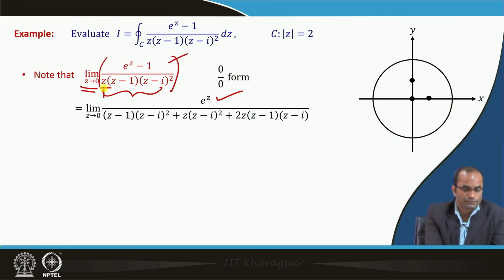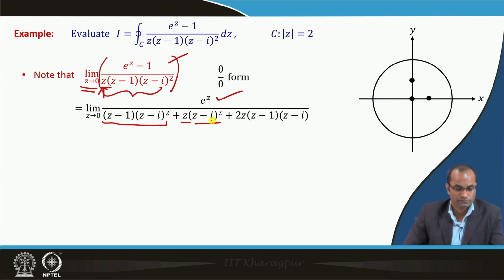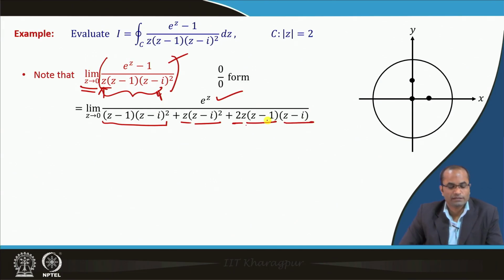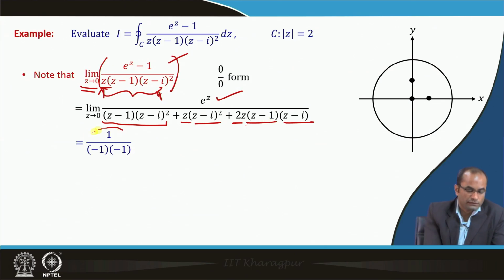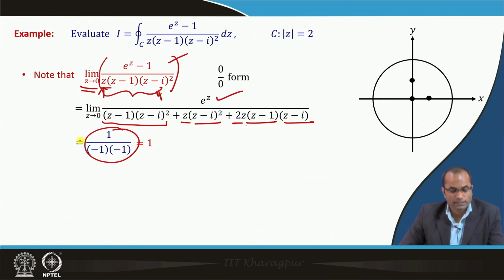With respect to the first factor z differentiated, we have the remaining z minus 1 and z minus i whole square; then the third one is differentiated, giving 2 times z minus i, and z into z minus 1 remain as they are. By doing so we can pass the limit, and we observe that this is 1 over minus 1 into minus 1, that is 1.